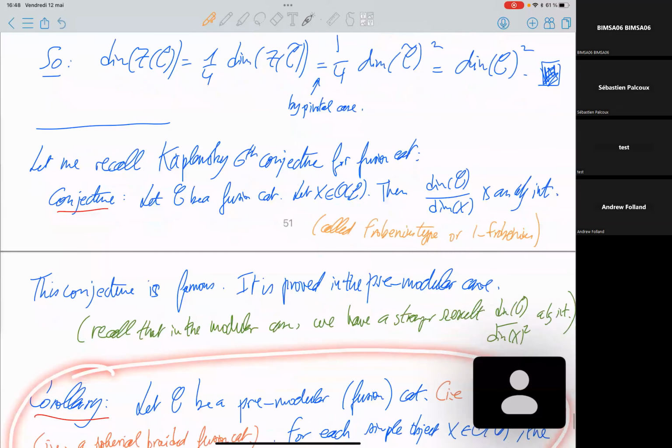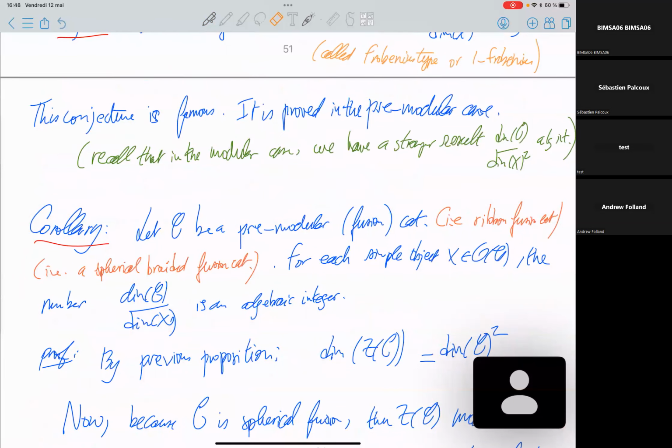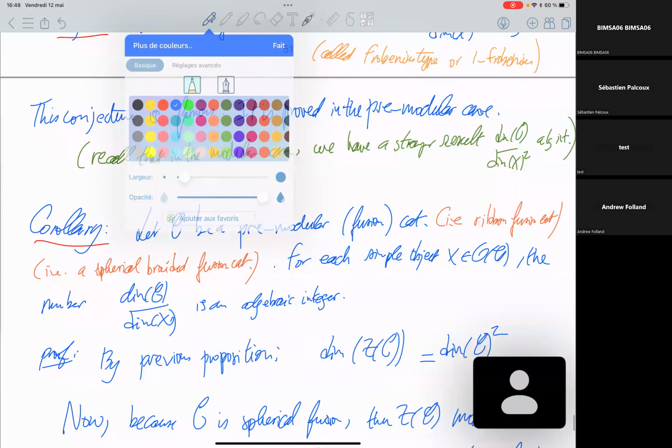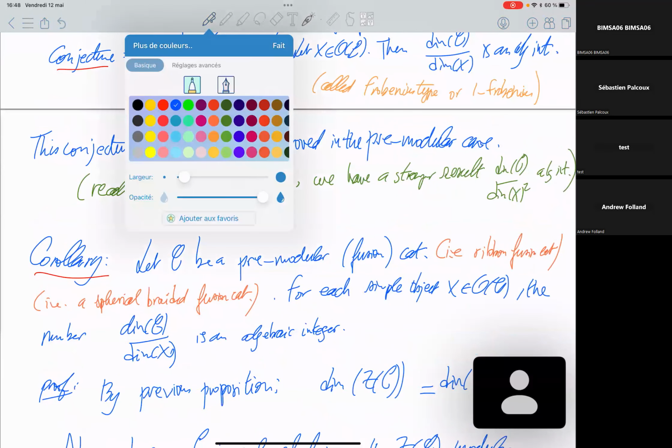And in fact, because we have one half here, this is called modular category. It's called half Frobenius. Okay, anyway. Let me write it.